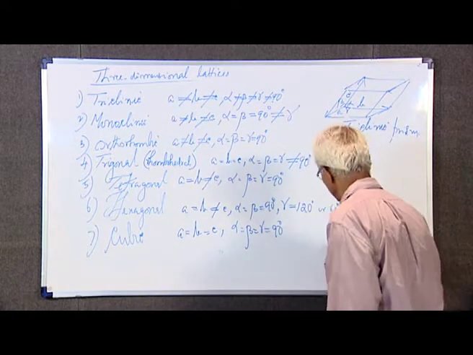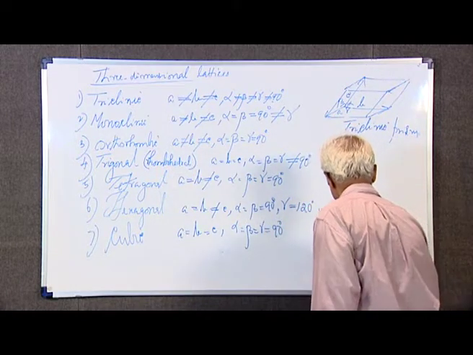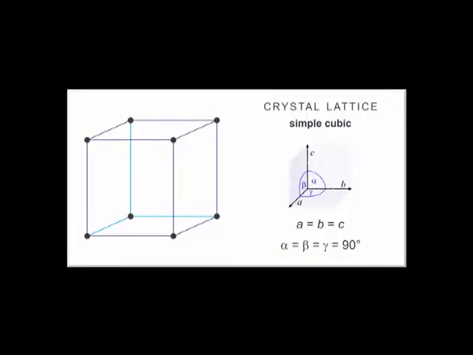The cubic prism I will draw here: A, B, C, alpha, beta, gamma, and I will write here A equal to B equal to C, alpha equal to beta equal to gamma equal to 90 degrees.